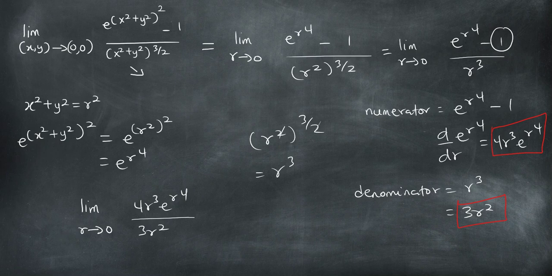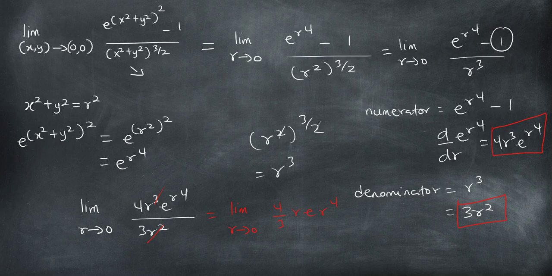That's why I ignored the 1. So now let's continue. From here, we can do some cancellation. This r squared here will cancel out with the r cubed here. So we are going to have the limit as r approaches 0 of 4 over 3 r multiplying e to the power r to the power 4.